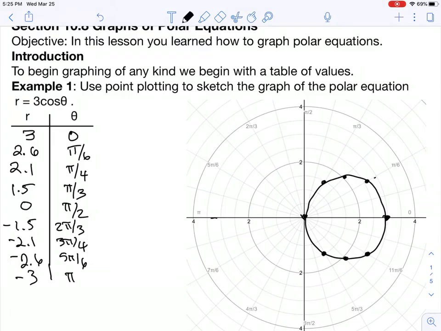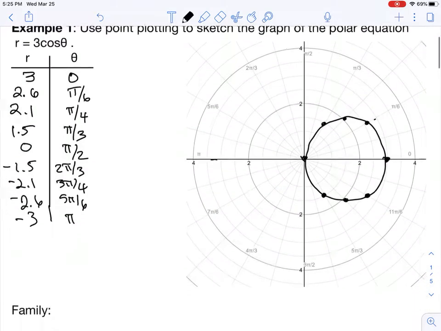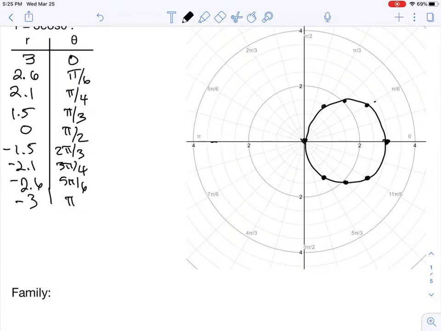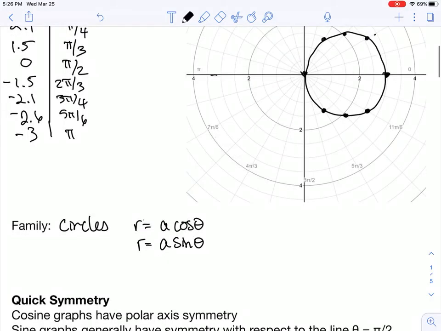Right. So 3 cosine of theta makes a circle. So this family is the circles. And remember, they are r equals a cosine of theta, or the alternative, r equals a sine of theta, which is also a circle. It just has a slightly different symmetry.